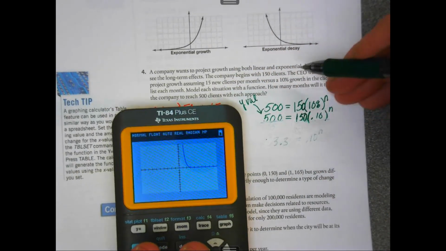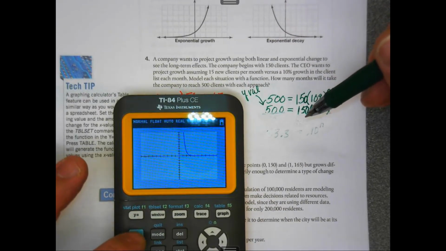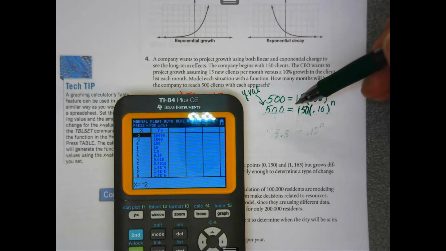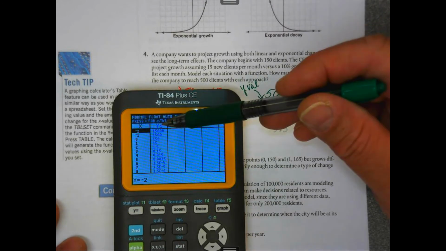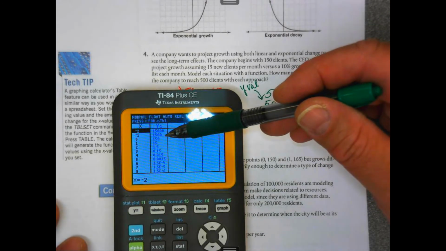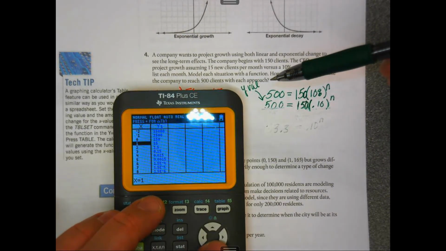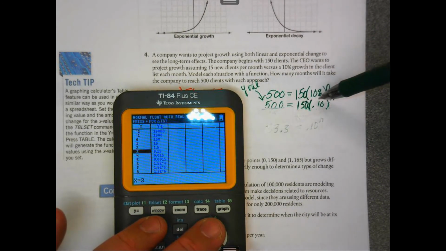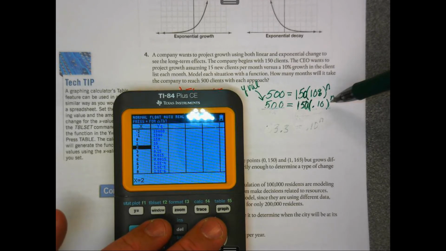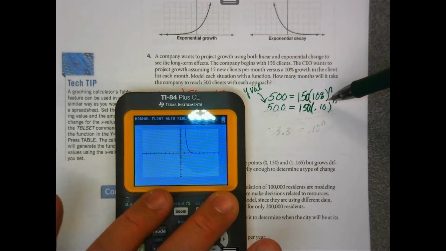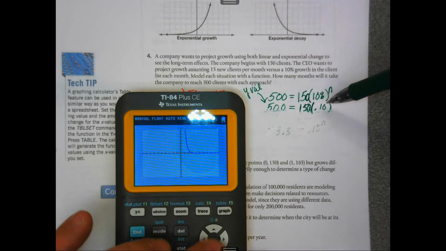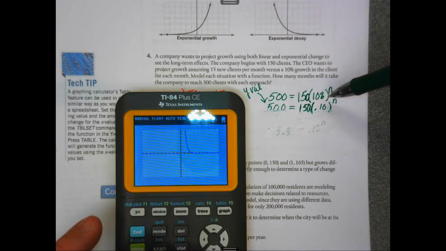I'm going to look at my table in my calculator. So I'm going to hit second, graph, to get my table. And when my y is 500, that is going to tell me what my n is. This should be growth. Why am I getting this?